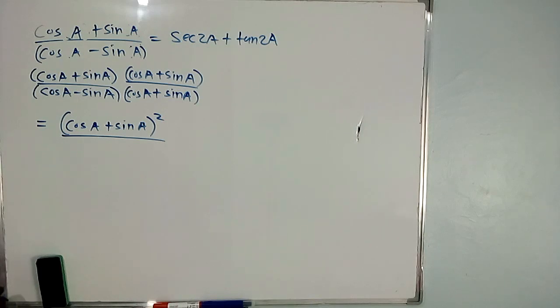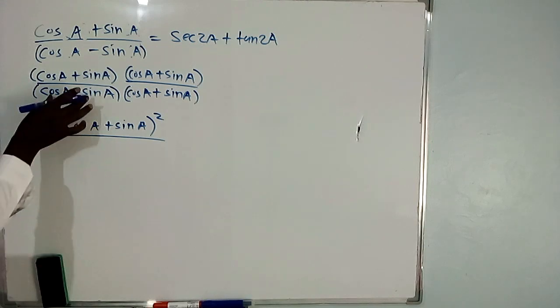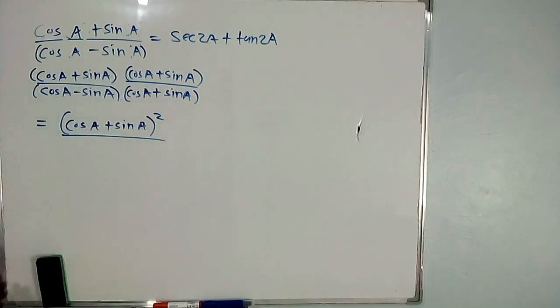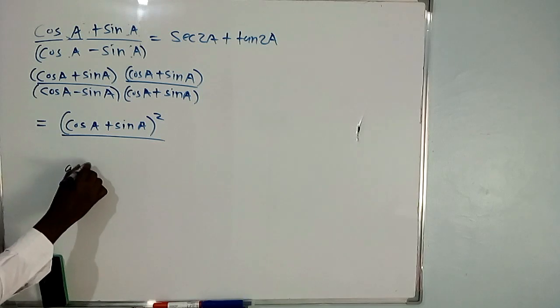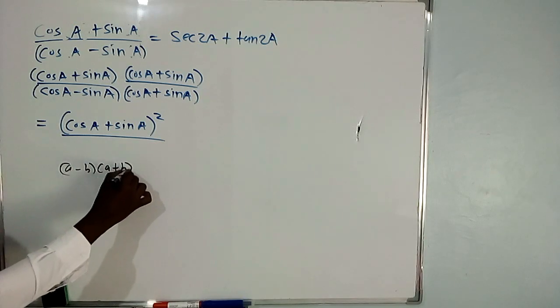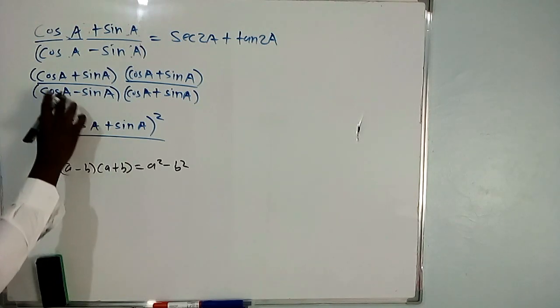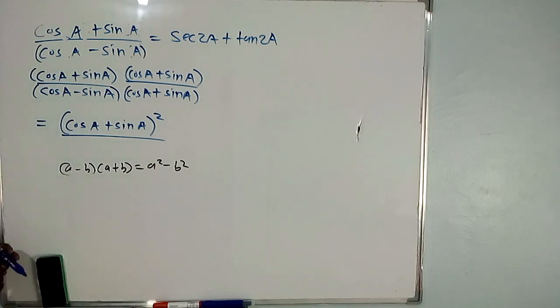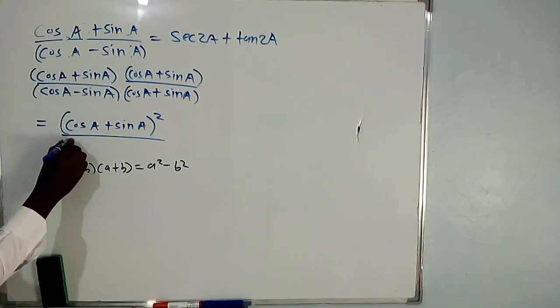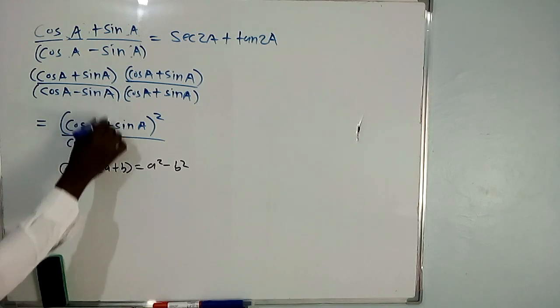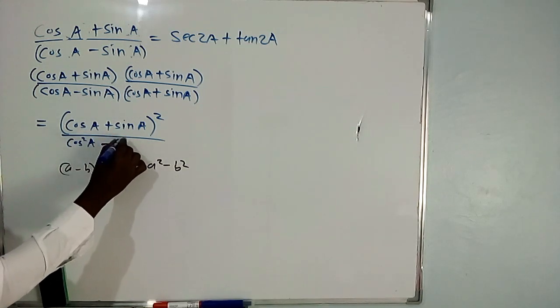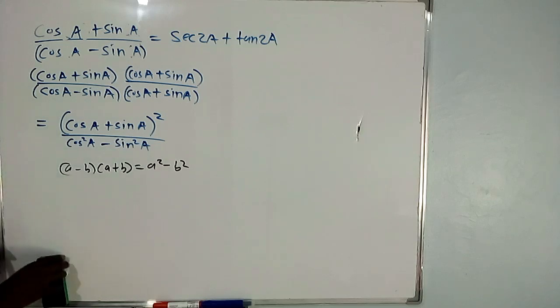In the denominator we have a difference of two squares. Remember, if you have (A - B)(A + B), you get A squared minus B squared. Here our A is cos A and our B is sin A. So we get cos squared A minus sin squared A. Are we together?